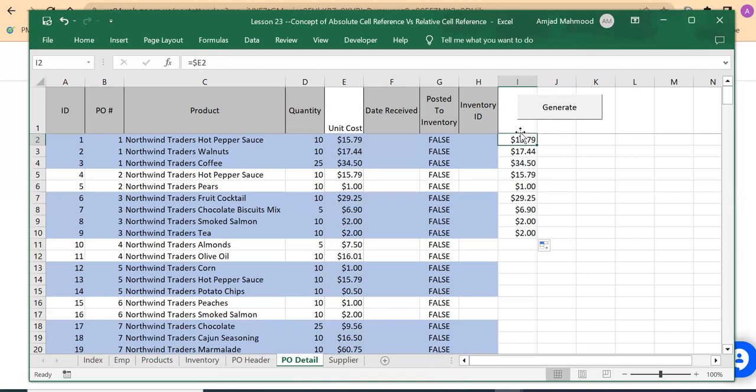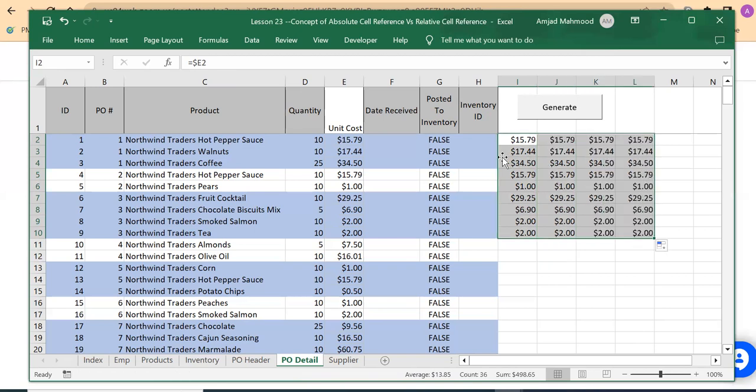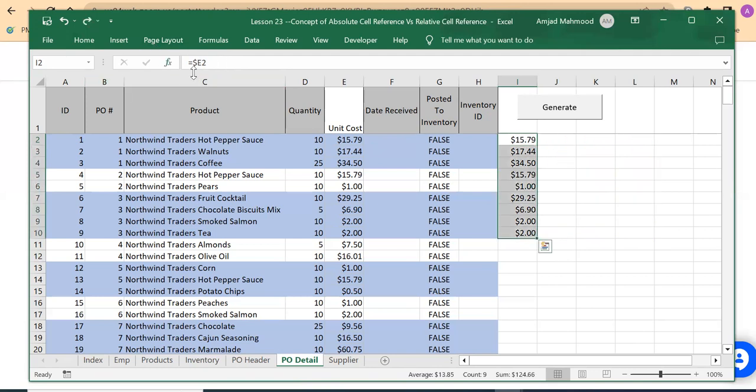And if we copy rightwards, what would happen? Since we have used the $ sign with the column, we are saying do not change the column if we copy the cell. So let's remove this dollar sign.